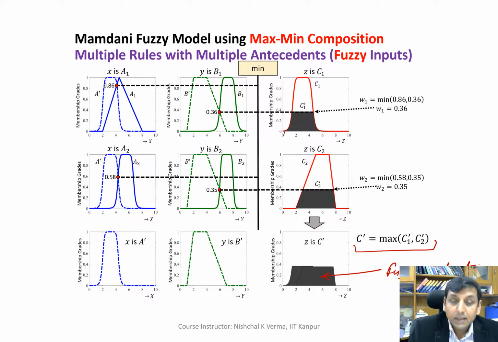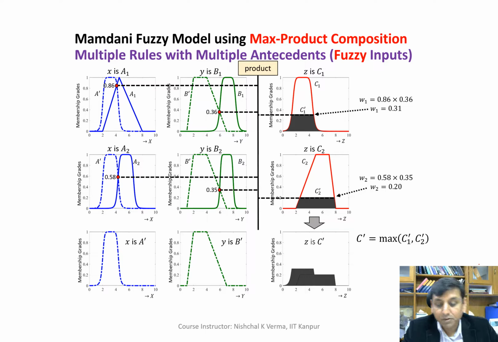Now in the third scenario, let us see when we use the max product composition. This is again very simple. Here when we superimpose the fuzzy inputs, A dash is superimposed to A1. This is W1 dash, this is W2 dash. Similarly, this is W1, W2 dash.